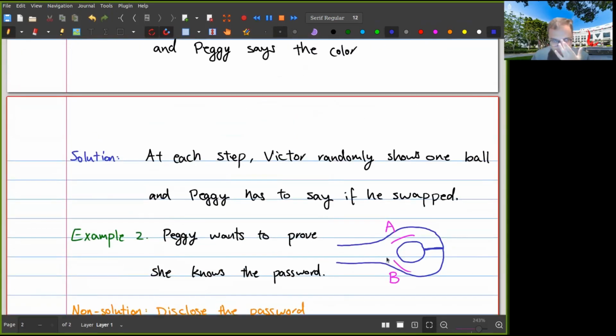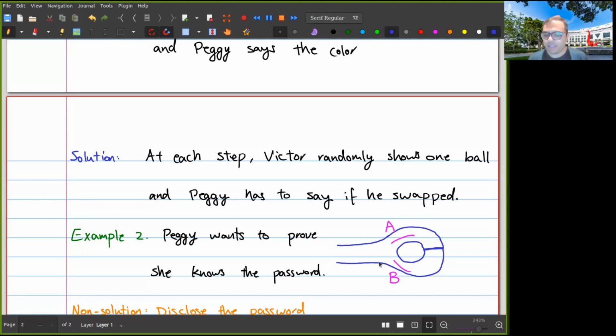So in this case, again, I'm assuming that Victor can record the entire interaction. If Peggy goes through entrance A and comes out of entrance B, Victor can record this, and this is some extra knowledge. The recording is an extra knowledge that Victor has, because he can then take that recording and show it to someone else and prove to them that Peggy knows the password.